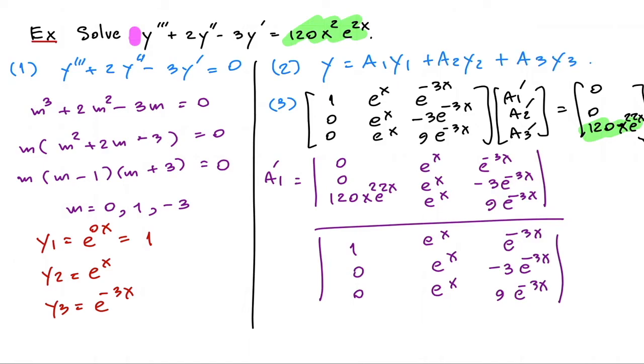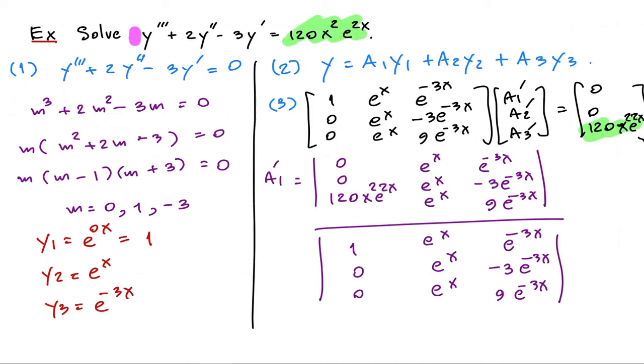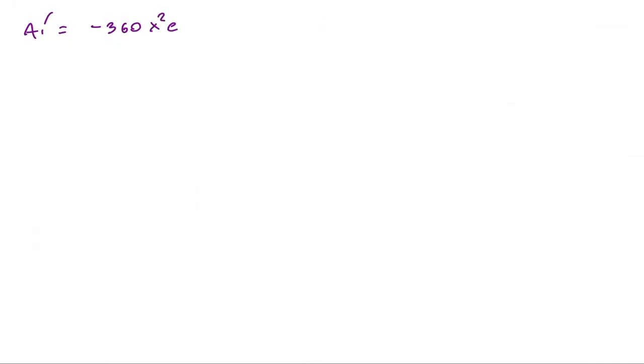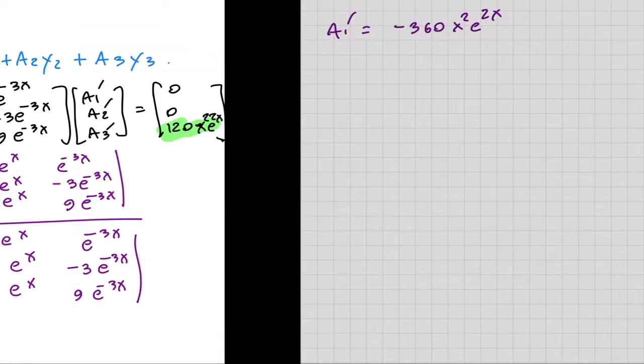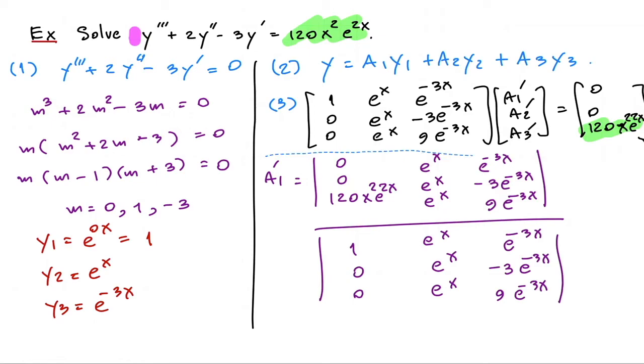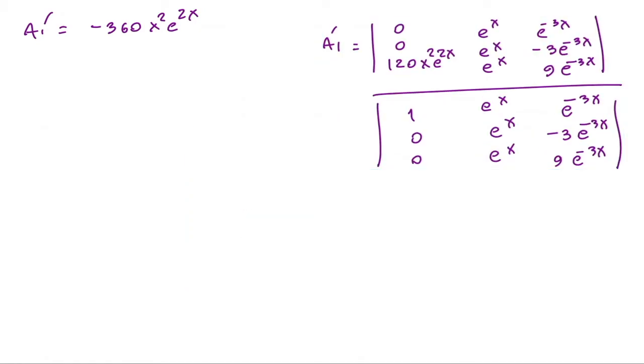So we have minus 360 x squared e to the 2x and e to the x. Okay, let me do it slowly. I'll just copy this to the next page to see. Otherwise it might be confusing to you guys. Okay, I'll do it again.